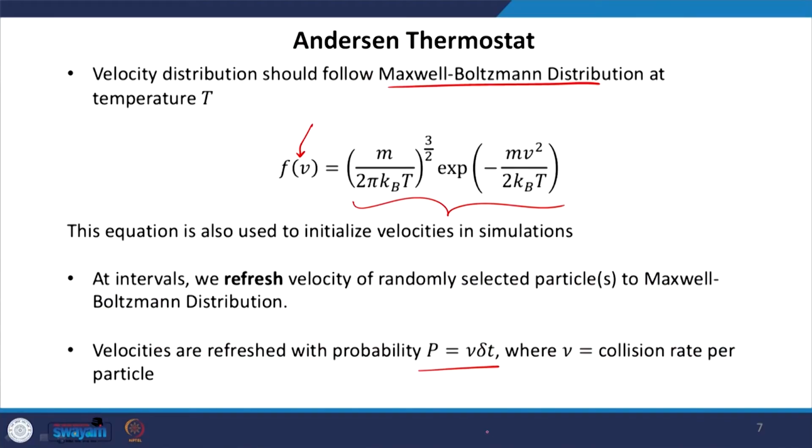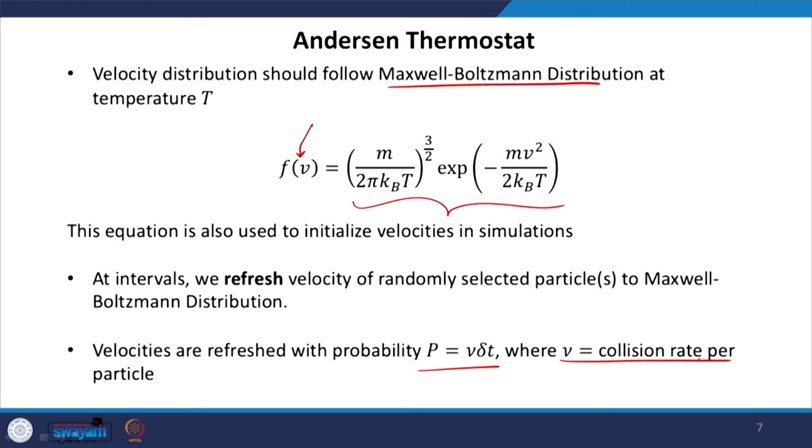And the way we do that is we do not refresh the velocity of all the particles, we randomly select some particles with certain probability every so often, at certain time intervals, and then we refresh their velocity, that is we reset their velocities in order to get to the Maxwell-Boltzmann distribution. And this can be done with a probability of some nu delta t, for example, where nu is the collision rate per particle.